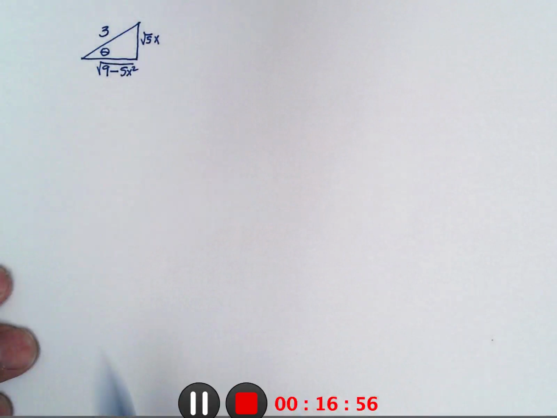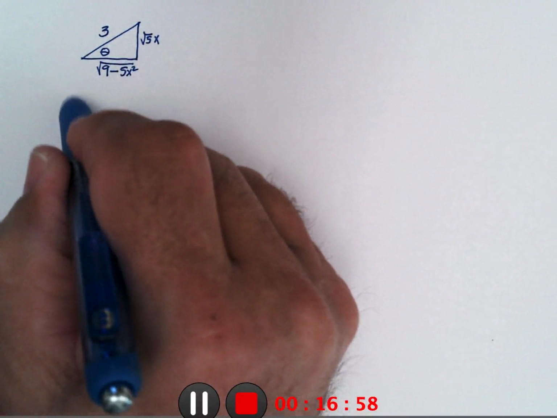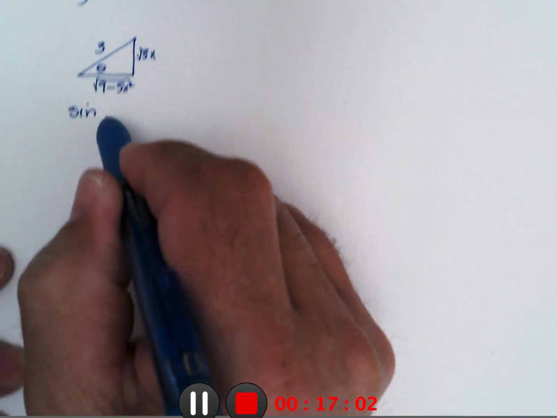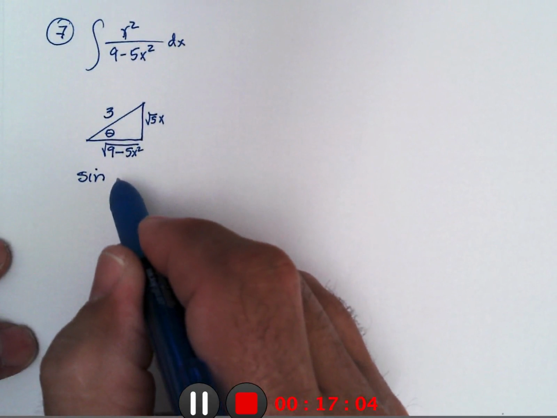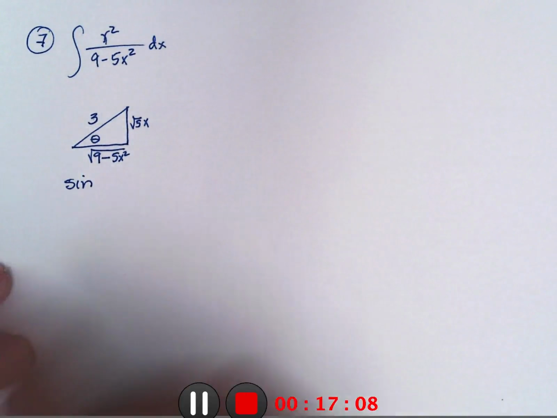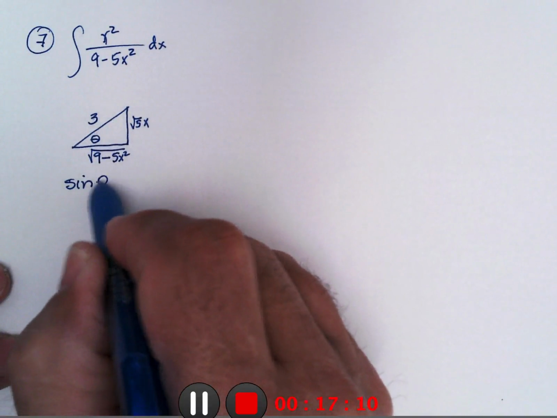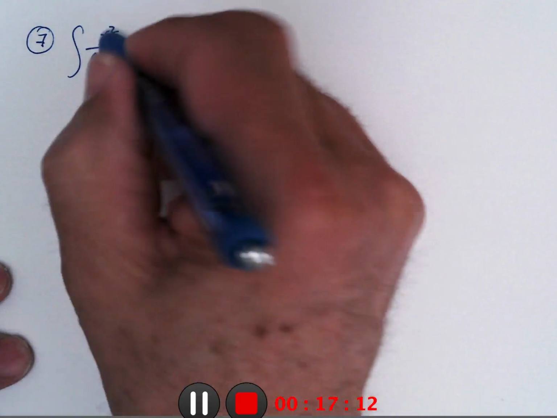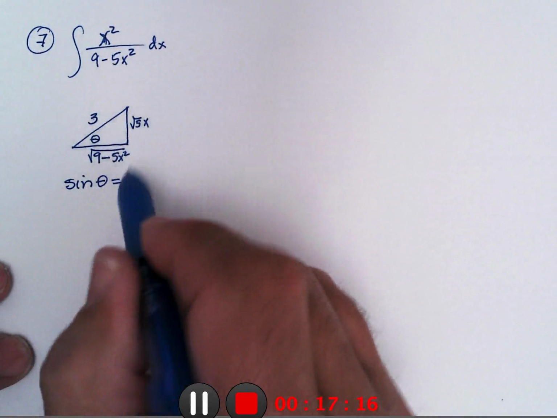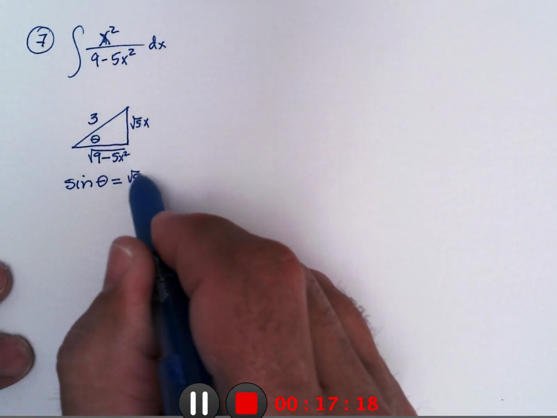So letting the sine of theta equal the square root of 5x over 3.